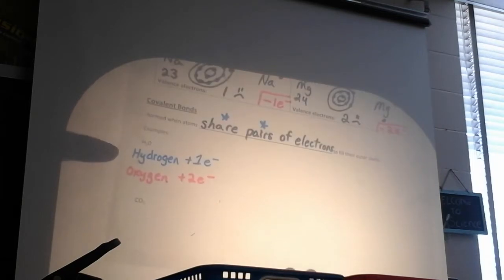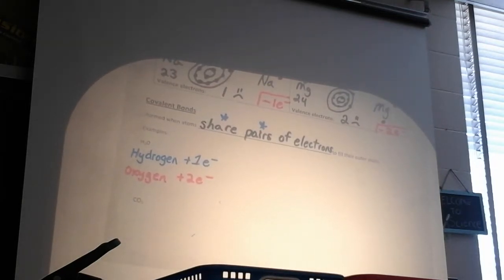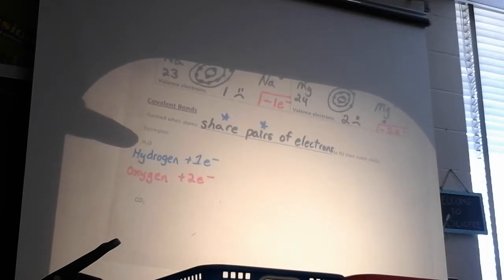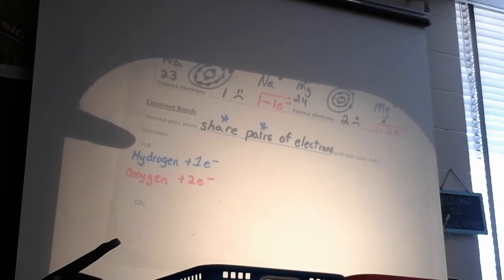Now, we talked about compound formulas first so that you could tell me this. How many atoms of oxygen am I going to draw? Micah? 1. How many atoms of hydrogen am I going to draw? Page? 2. Very good.